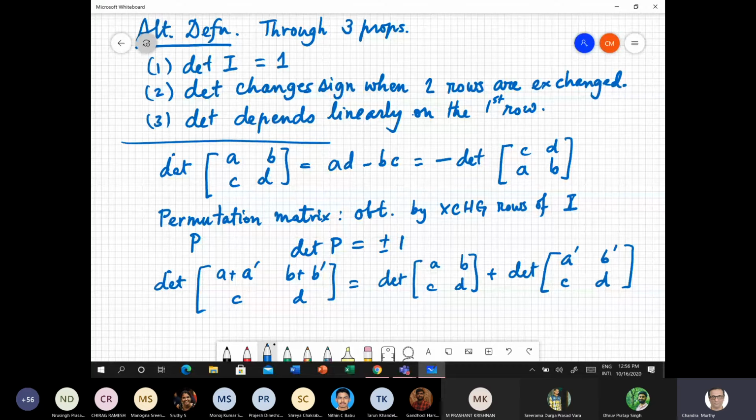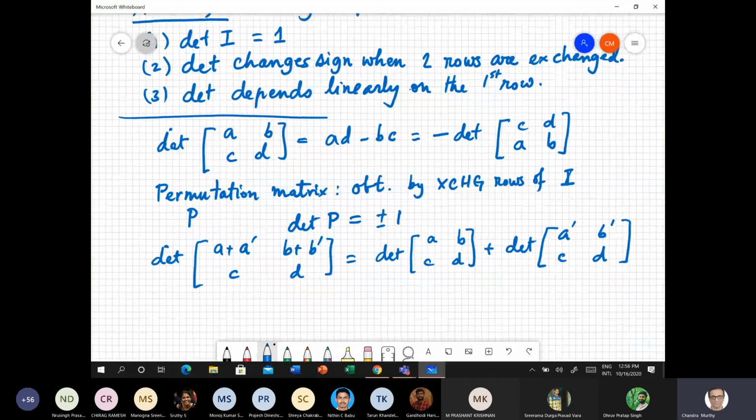I can consider the first row to be a linear combination of two vectors A, B and A dash, B dash. Then the determinant splits as the sum of determinants, the first being the determinant where the first vector is the first row, the second being the determinant of the matrix where the second vector is the first row.